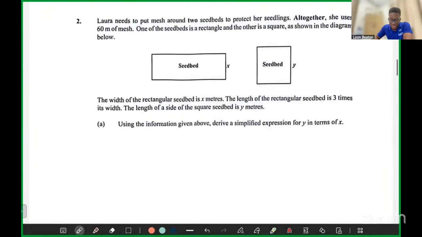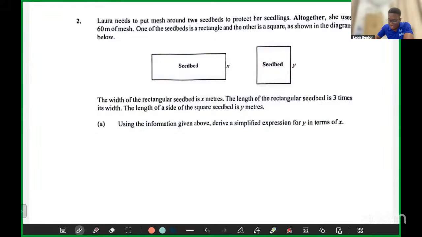The next one says Laura needs to put mesh around 2 seed beds to protect her seedlings. Altogether, she uses 60 meters of mesh. K is always in the equation, yeah. One of the seed beds is a rectangle and the other is a square, as shown in the diagram below.